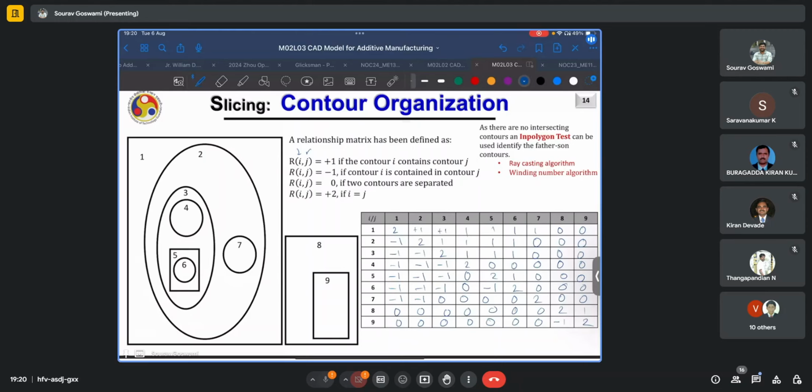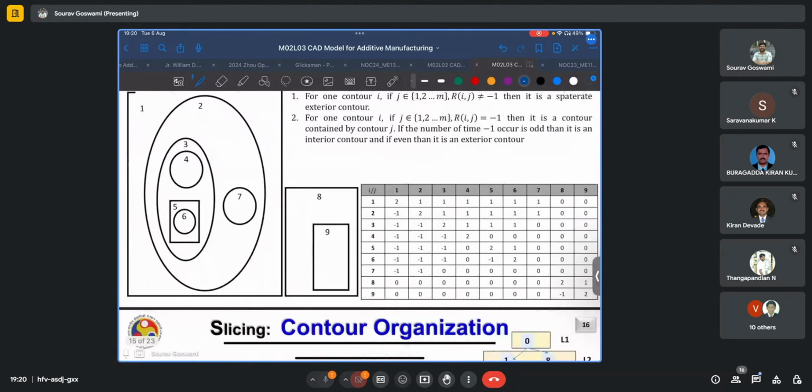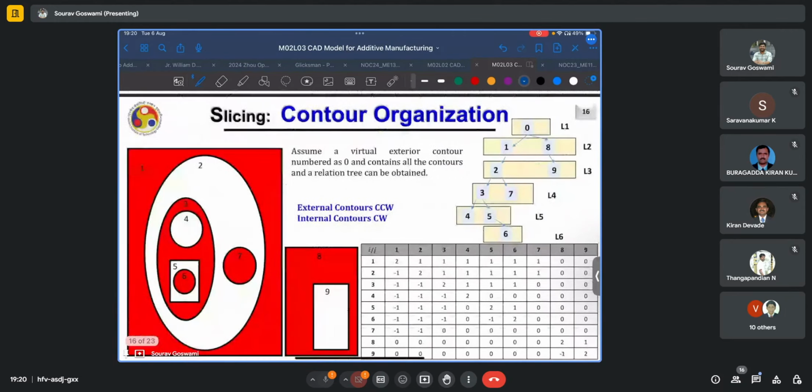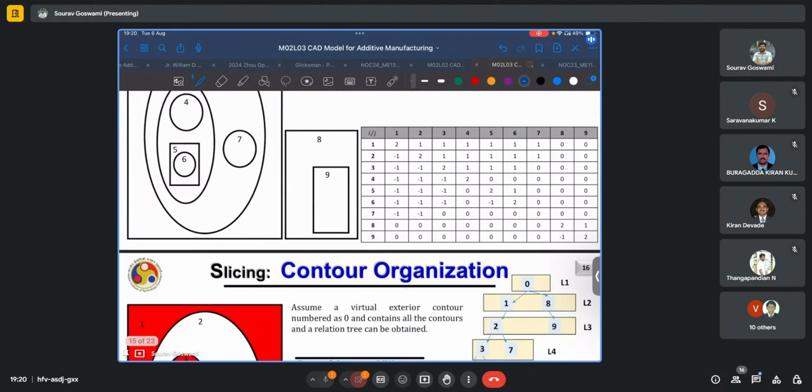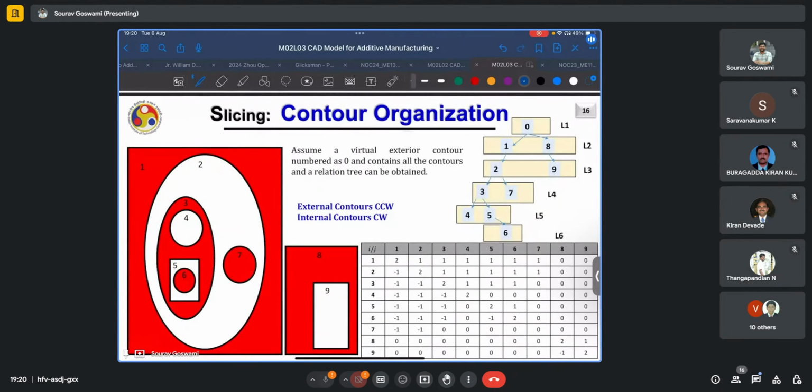Thus, what we observe is the relationship matrix that we obtain is actually skew symmetric. And here is also a hierarchical diagram representing this relationship.